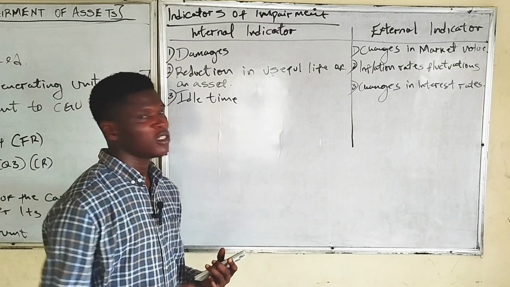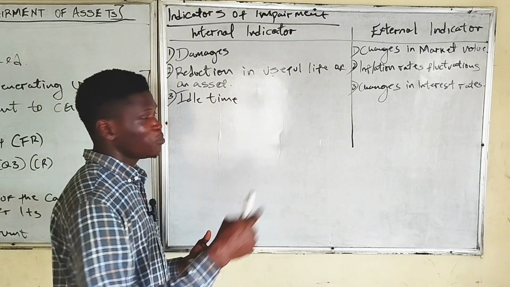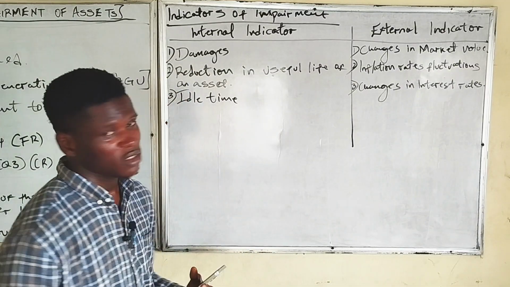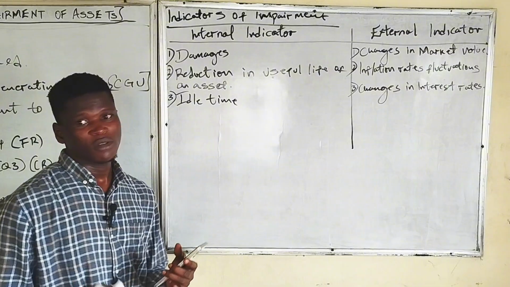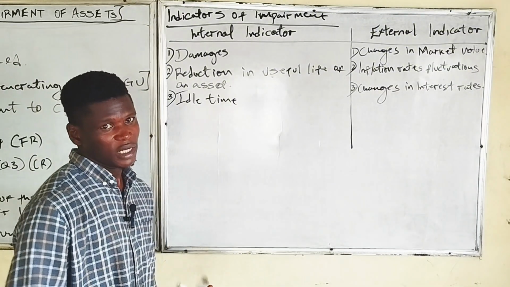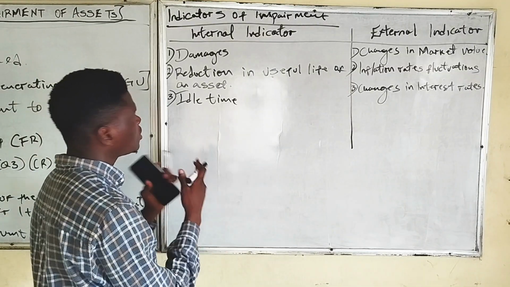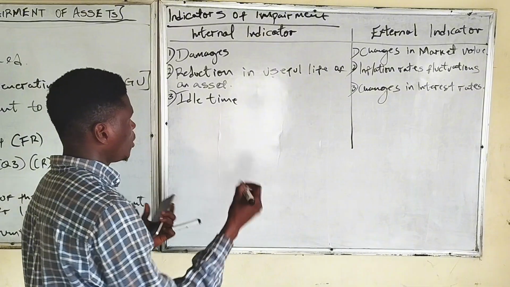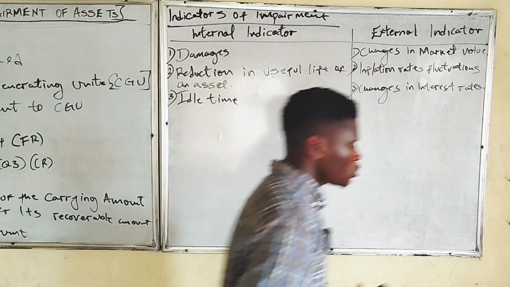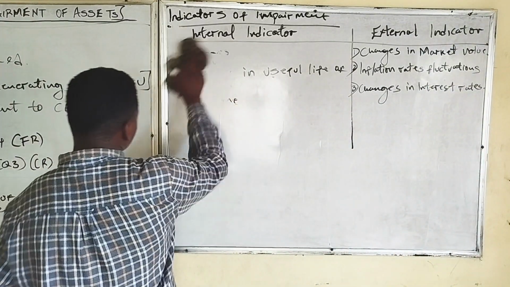Then inflation rates will also affect the value of the impairment due to the movement in prices of values and transactions. Then lastly, changes in interest rates. Increase in interest rates will bring a lower value of an asset, while decrease in interest rate gives a higher value of an asset. So these terms will affect our asset to be impaired or not. So this may cause an impairment loss on us on an asset. So we'll move straight to the question now.